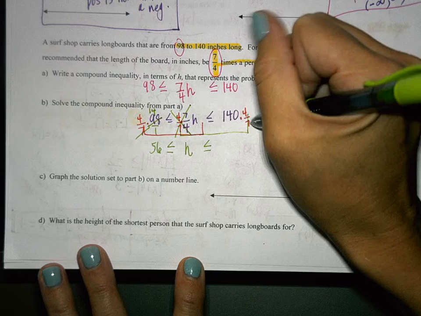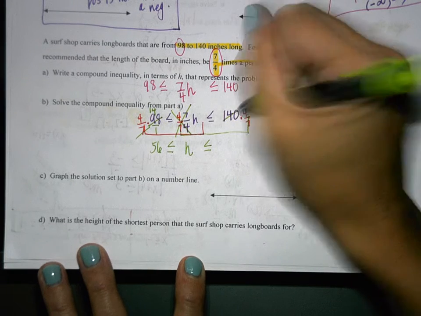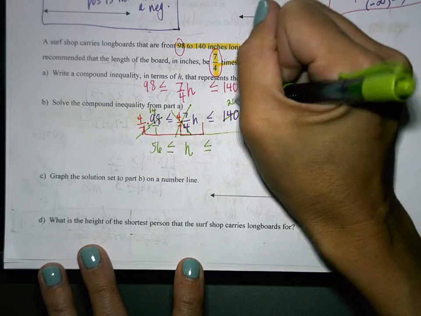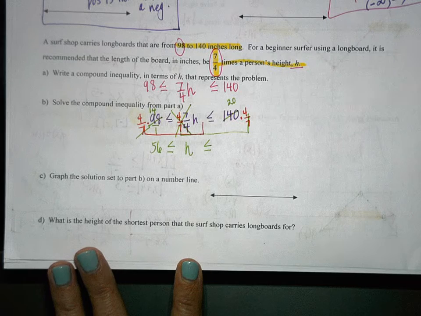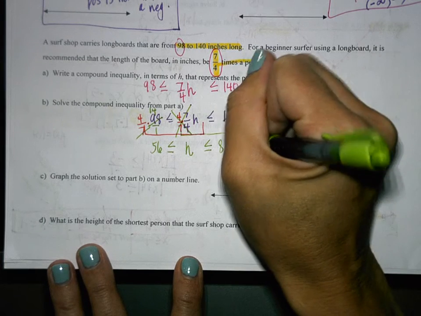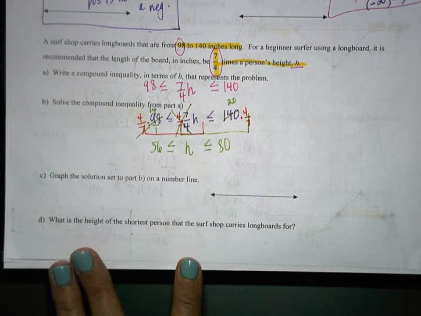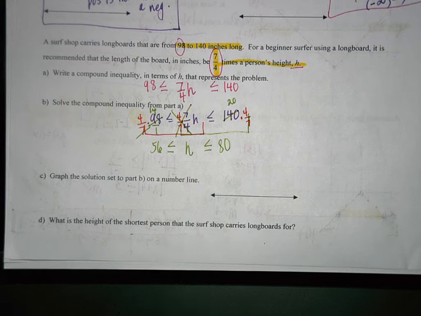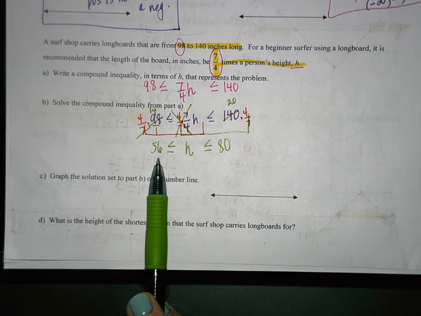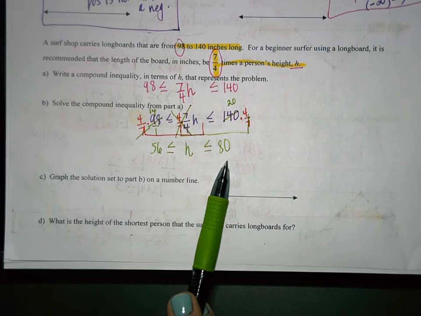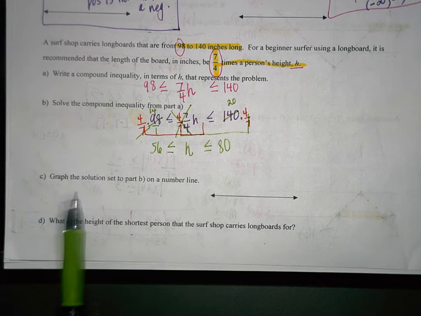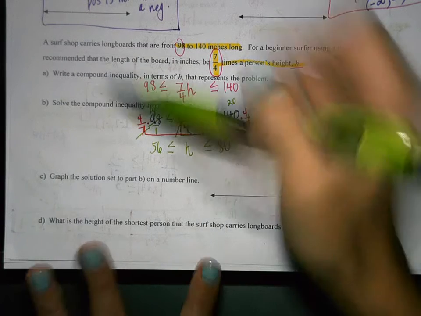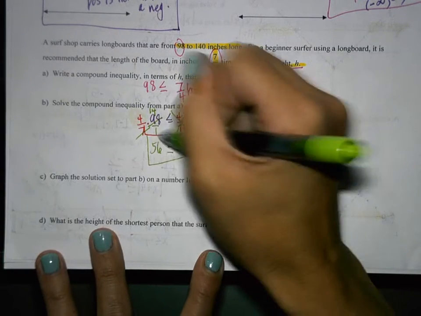Over here, 7 goes into 140 20 times, and then 20 times 4 is 80. That means that the person's height is between 56 and 80 inches. So this is my solving part. That's my answer.